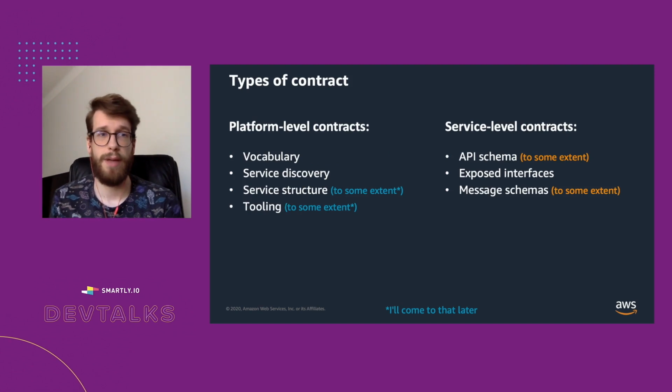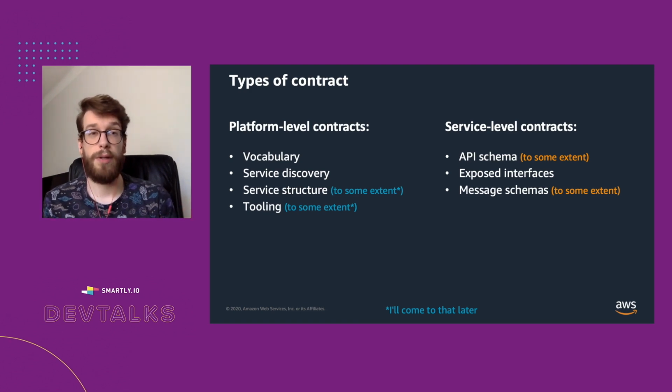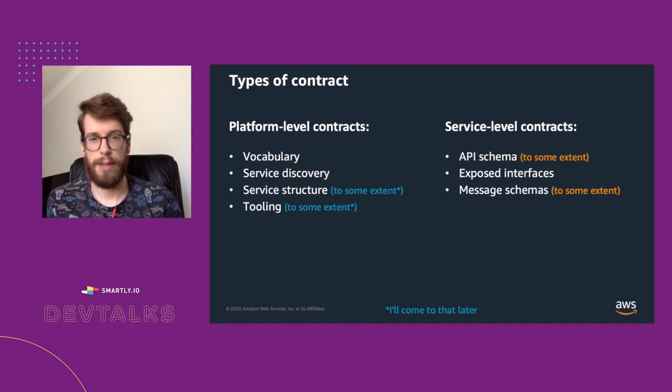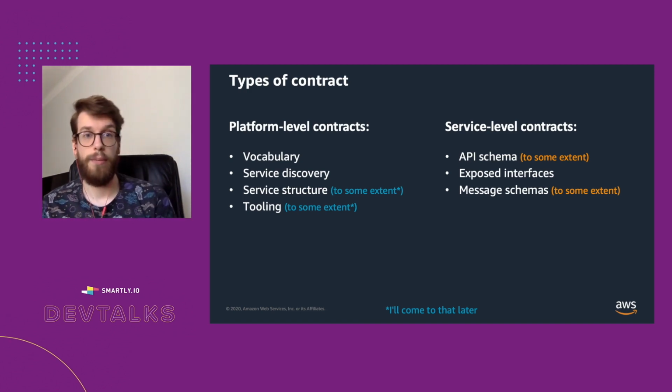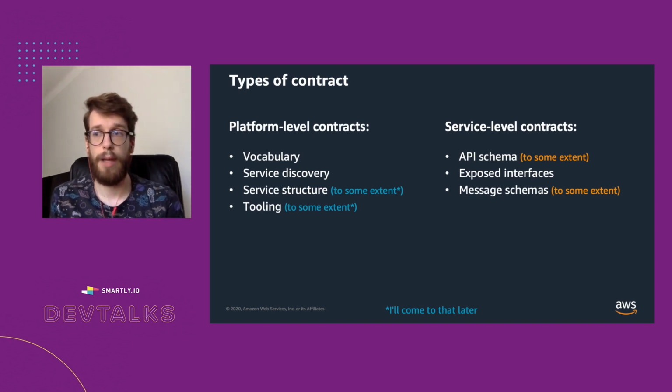In microservices, you have contracts between microservices. And what I've found is that you have two main types. You have the platform level contracts and the service level contracts. Platform level contracts are things that should be agreed on by all microservices. So in an e-commerce platform, there's a shared vocabulary.